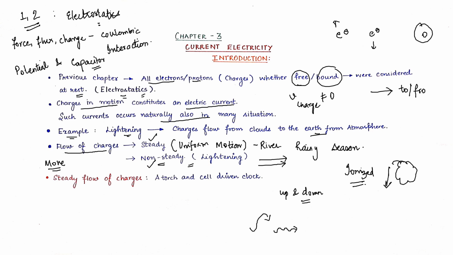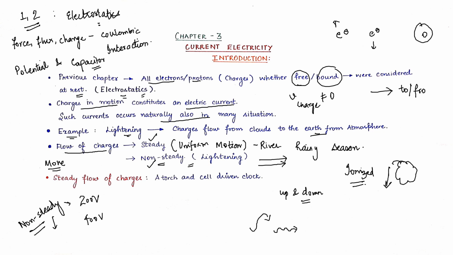Now the question arises, is the non-steady state of current needed in our day-to-day life? We'll say this is not needed in our electrical appliances. Why? Because it's non-steady. Sometimes this non-steady current will flow with a voltage of 200, sometimes with a voltage of 400.